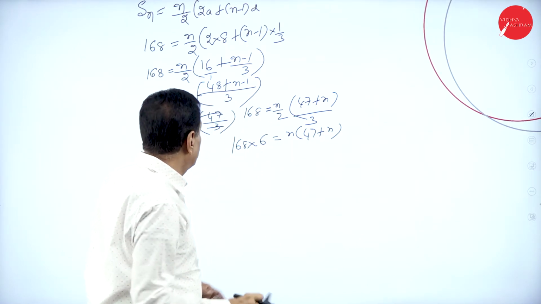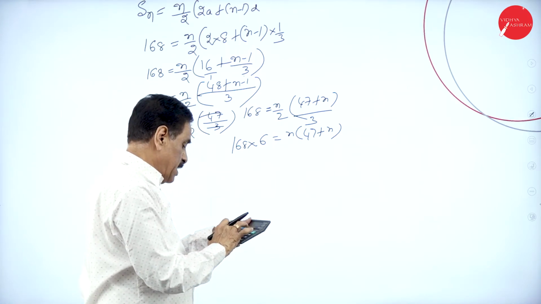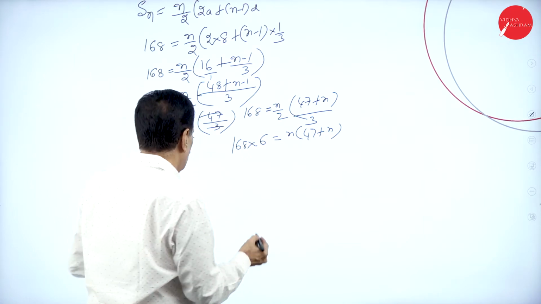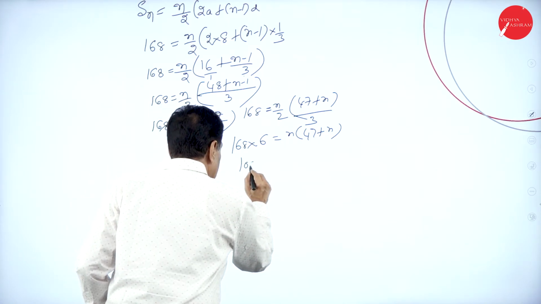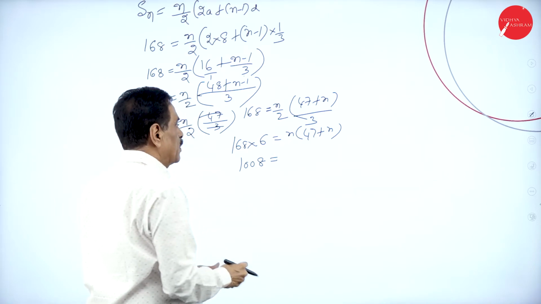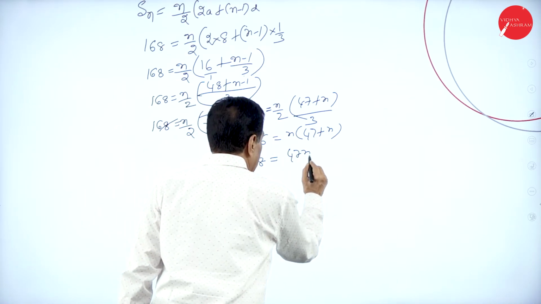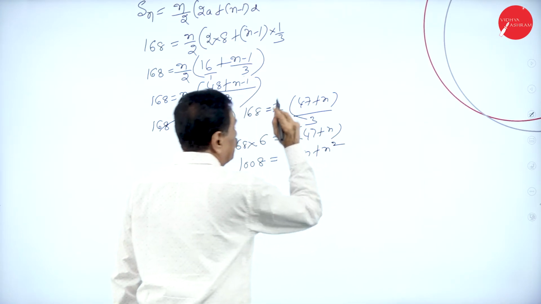So multiply 168 into 6, 1008. This n into 47, 47n plus n square.